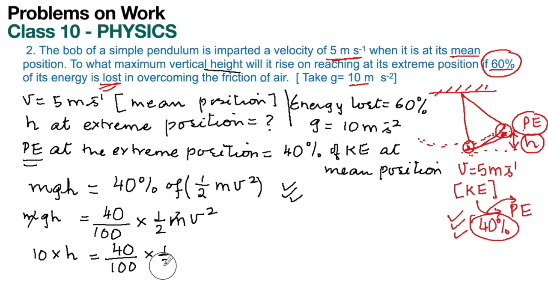Multiplied by half. Multiplied by how much is the velocity? Look over here. How much is the velocity? 5. So we will not write 25. We'll just write 5 into 5. Okay. So this gets cancelled. 2 ones and 2 twos, 2 ones, 2 fives, 5 ones, 5 ones.